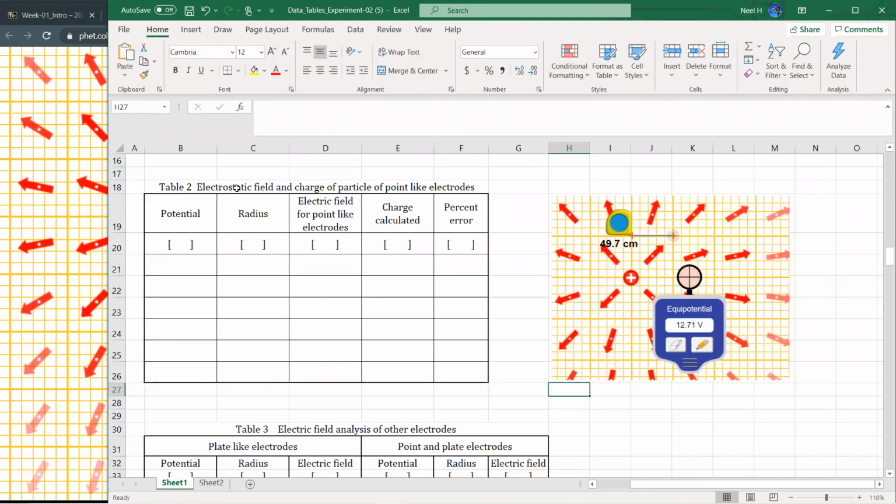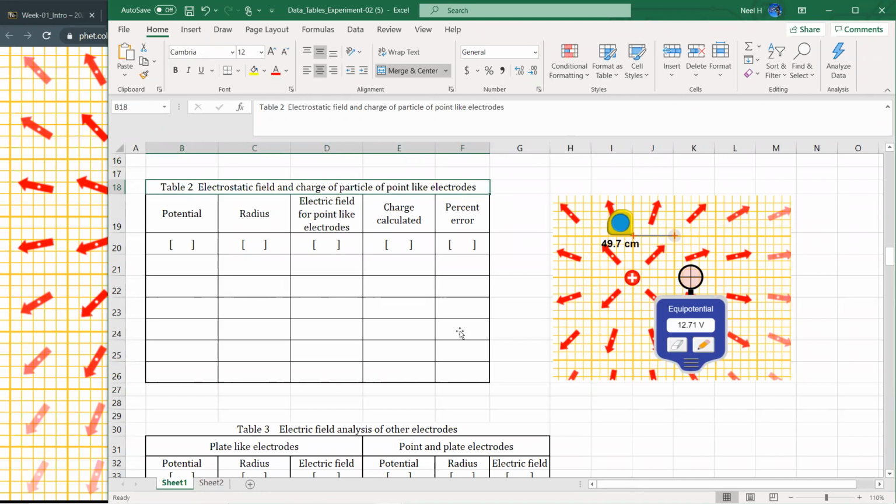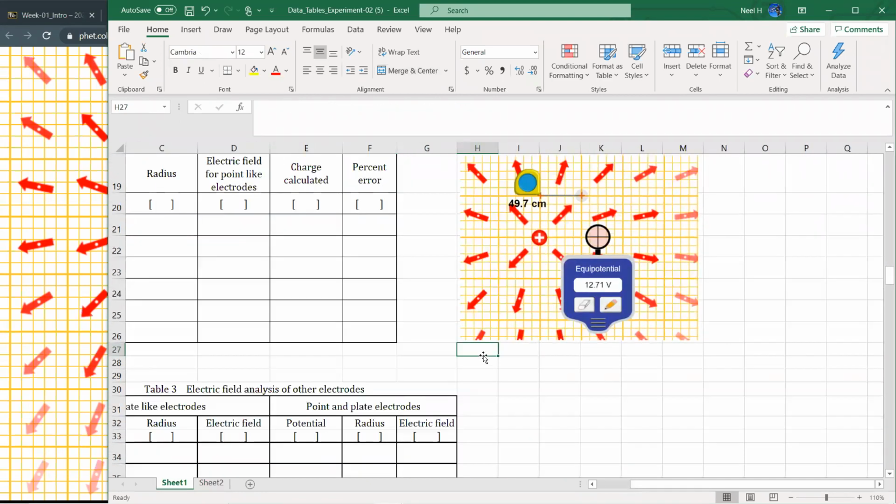Okay. If you have any picture, make sure the picture has a name. All the table names go on top of the table. Usually picture names go below the picture. So the picture is usually named as a figure. This should now be Figure 1. We can say this is an electric field simulator for point electrode.